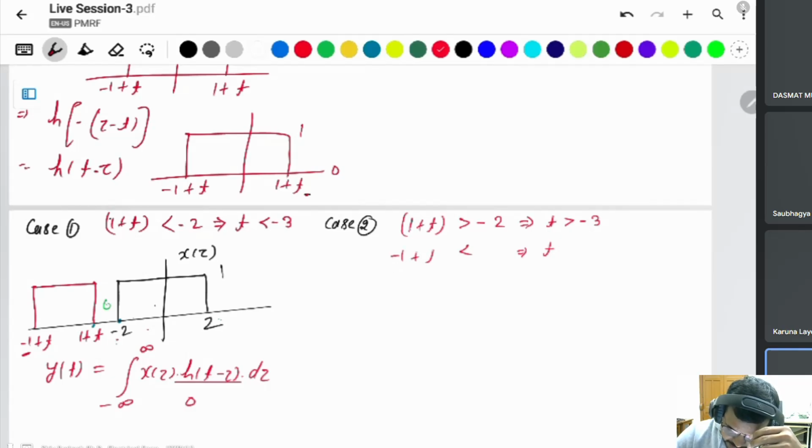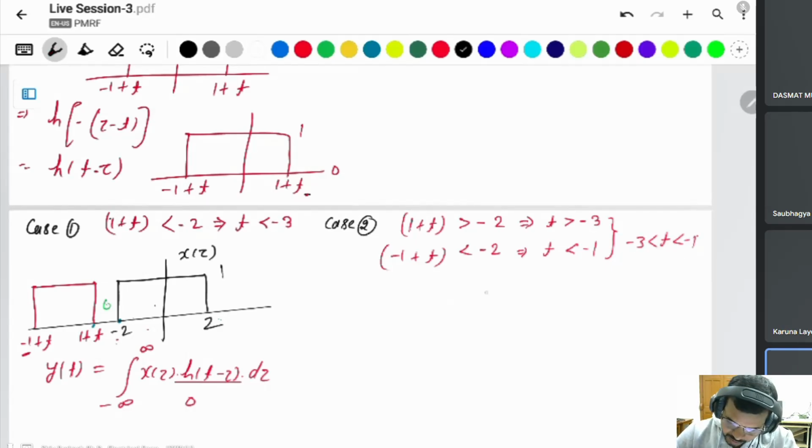It means t is greater than minus 3 but less than minus 1. Combining these, t is greater than minus 3 and less than minus 1.